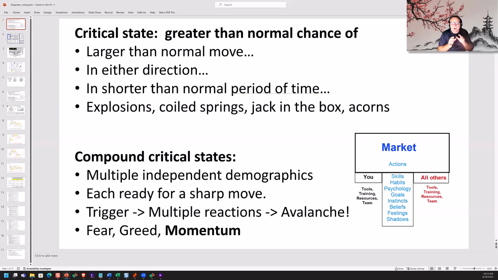Now, when I talk about a compound critical state, I want you to think of it in this way. Traders in the market align with a time frame that feels comfortable, professional, successful for them. Day traders like to trade during the day. Swing traders swing, position traders move on positions.